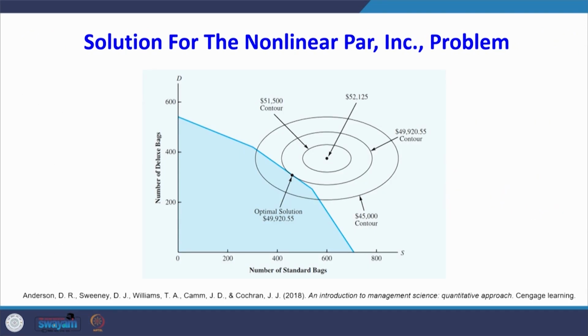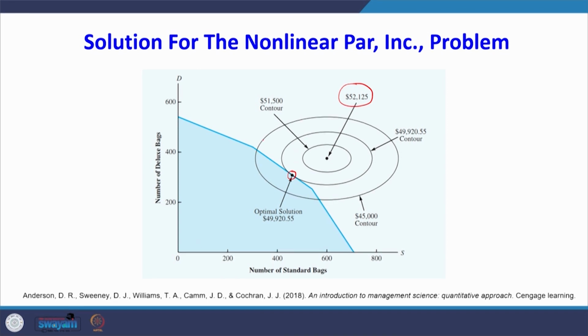Now, we will analyze this solution. See, when we do not consider any constraint, the value of the objective function is this one, 52,125. You see that this is an ellipse shape, but now we got the optimal solution here when we consider the constraints.